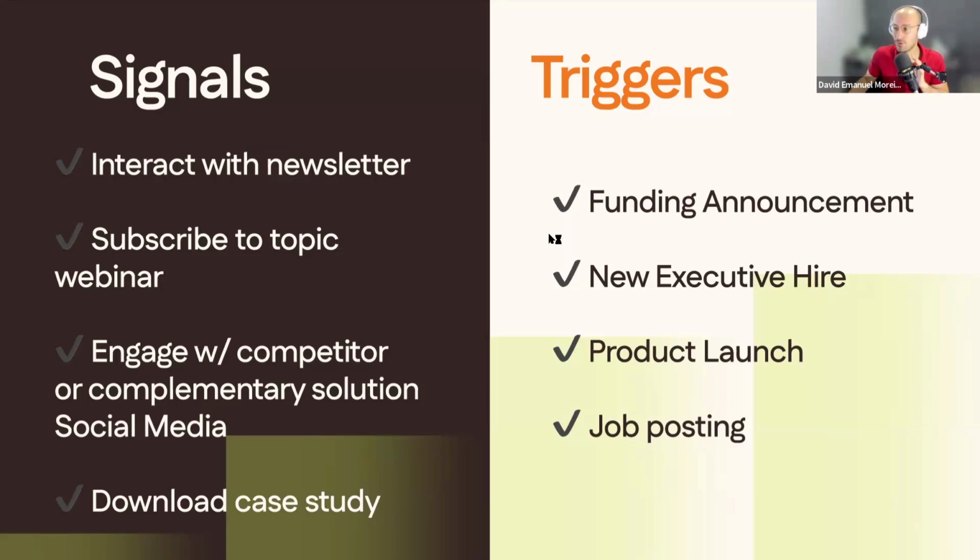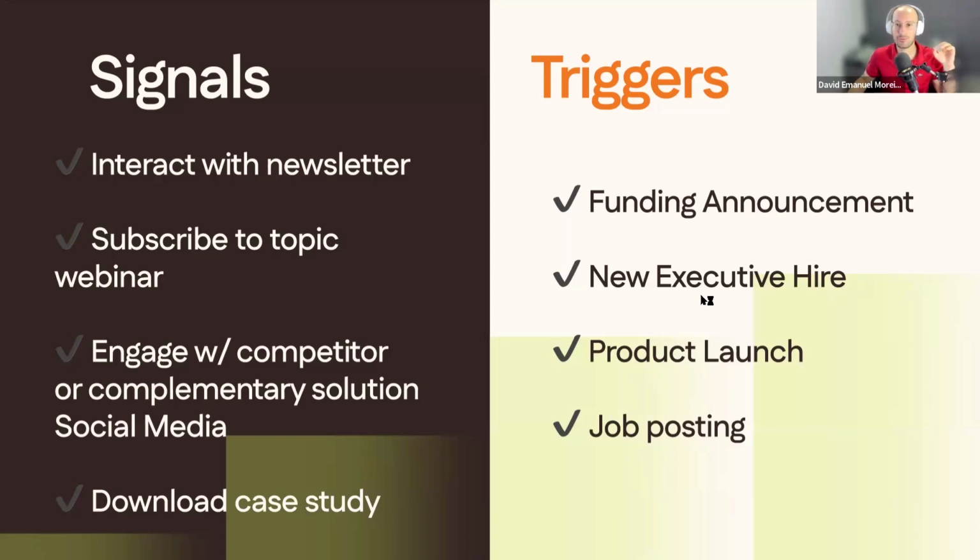On the other side, you have triggers related to the industry, like funding announcements. That can be really interesting because a company that received funding would have a higher budget to invest in purchasing new tools, subscribing to solutions, hiring services, and so on. Also, a new executive hire will give you a 90-day opportunity to reach out, because when a new executive is hired, they spend about 80% of their budget in that 90-day window.